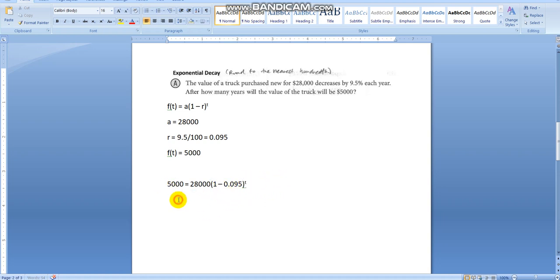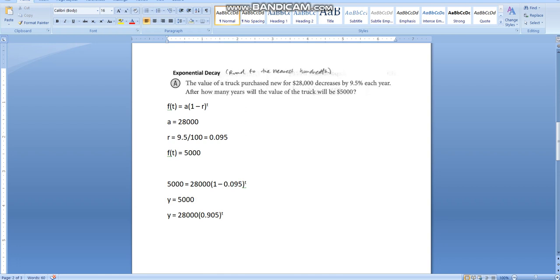And then from here you can just graph y equals 5,000 and y equals this whole thing, 28,000 times whatever that is. Now you could go ahead and simplify this part if you wanted to. So 1 minus 0.095, I'm using the calculator on my phone right now, is going to be 0.905.